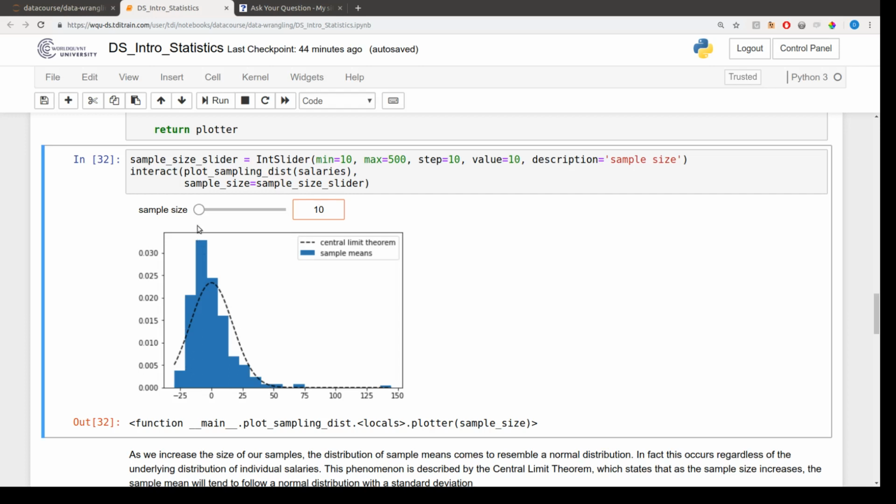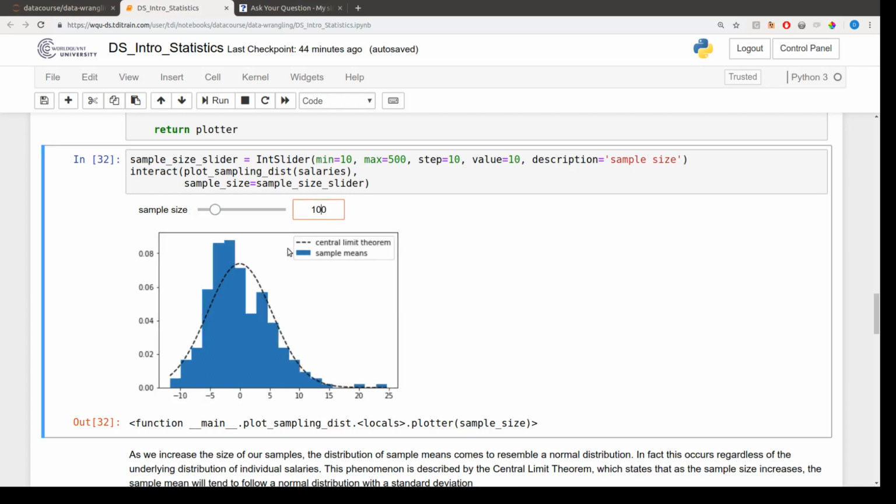And the larger our sample size, the better the central limit theorem describes what we'll see.